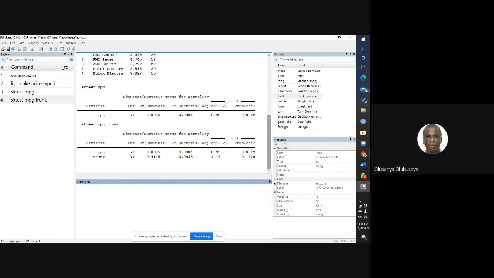The null hypothesis for a normality test is H naught: the variable is normally distributed, versus H1, the alternative: the variable is not normally distributed.